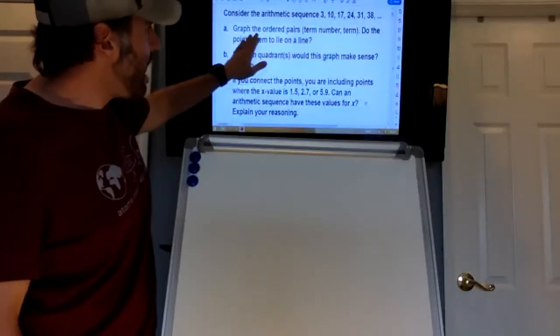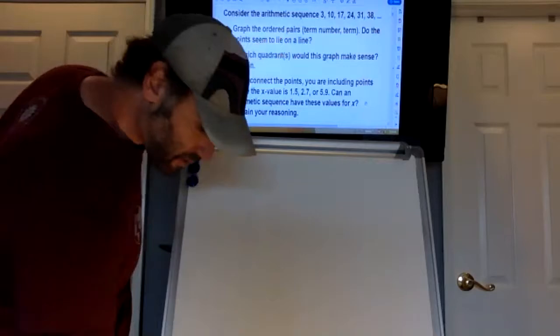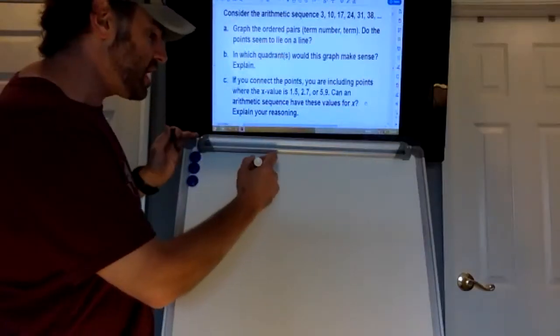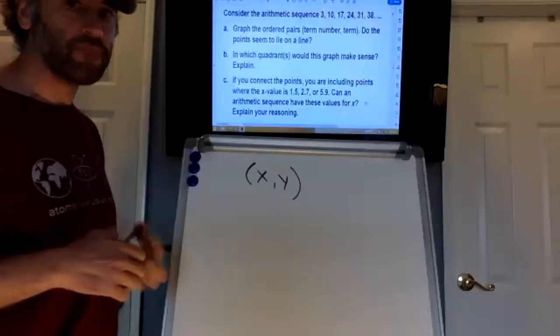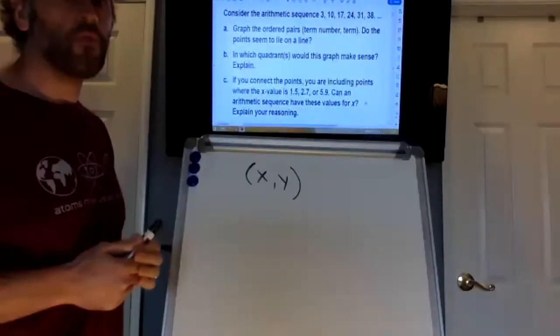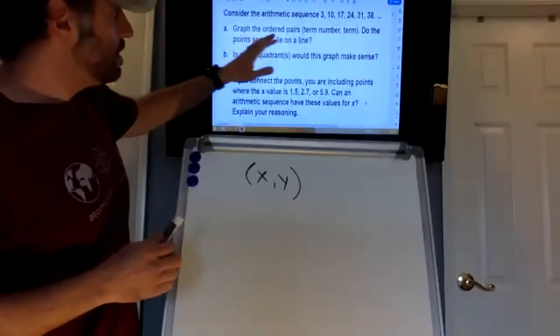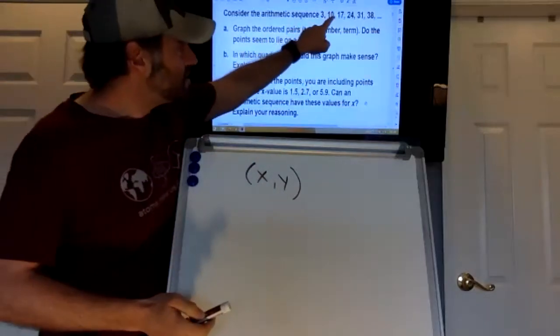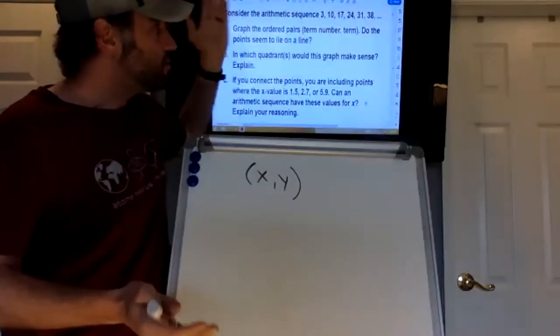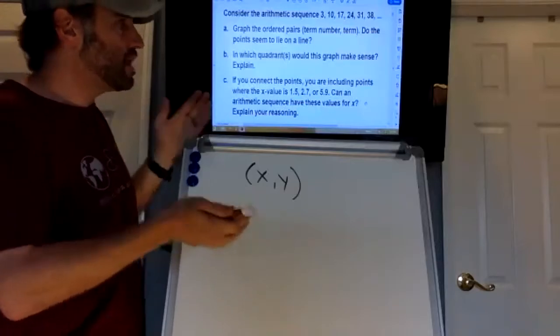When this says graph the ordered pairs, you might be looking for something that you're not seeing. You're looking for a set of these. No more video, please. Okay, so when you're looking for X, Y, and you're only seeing a series of numbers, you might be asking, well, where are the X's and the Y's?